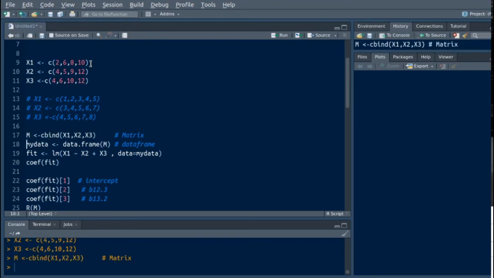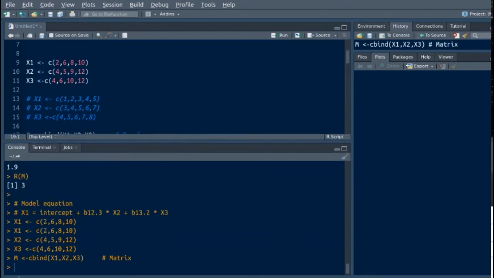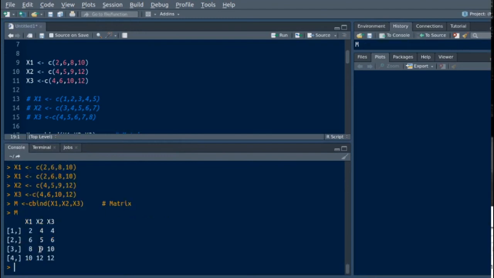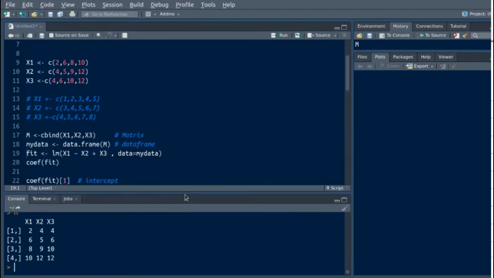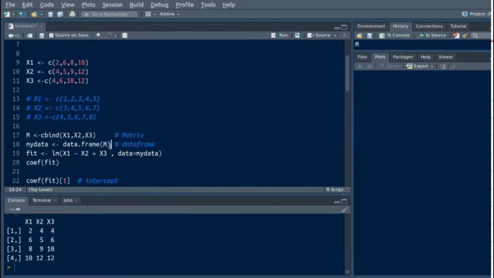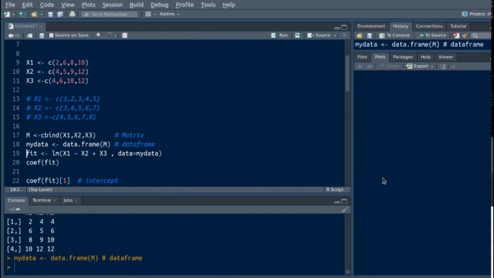Let me show you the matrix if you want to see it. So this is the matrix x1, x2, and x3. Now I'm converting it into a data frame because I want to fit it into a multiple regression model.